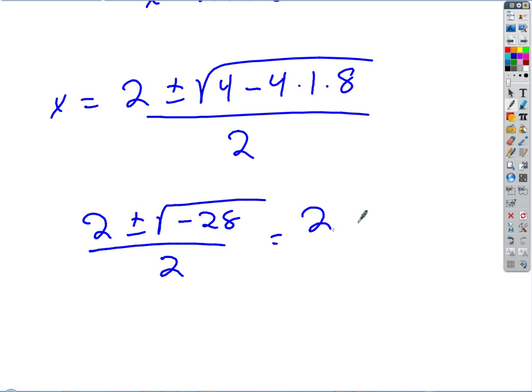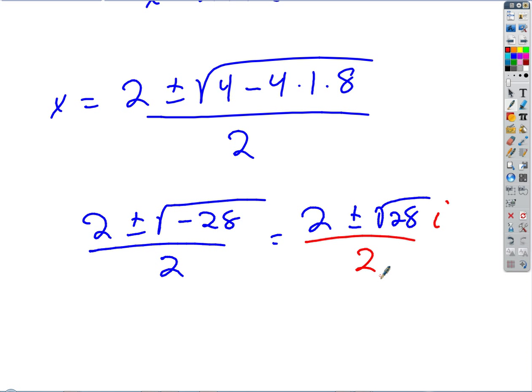So I get 2 plus or minus the square root of 28i, right, all over 2. I can go either place. Doesn't matter. Either place. It has to be outside of it.